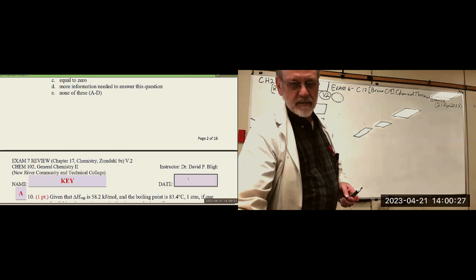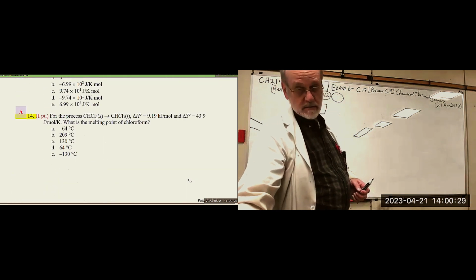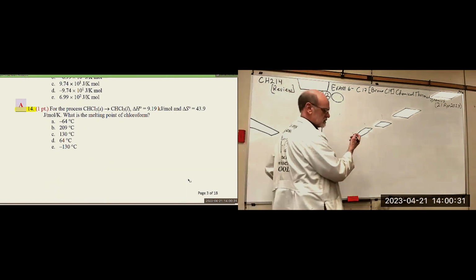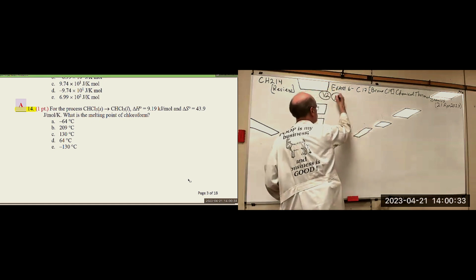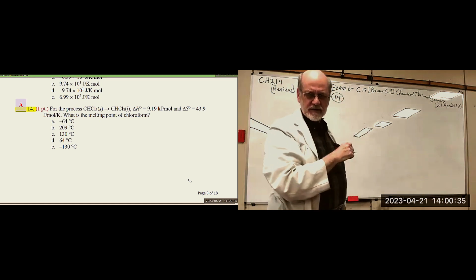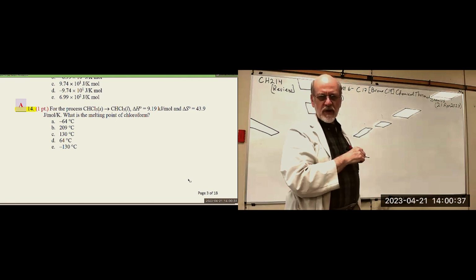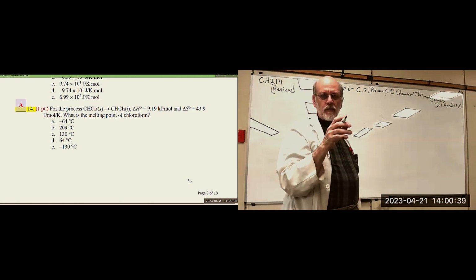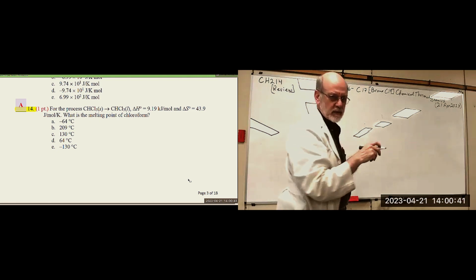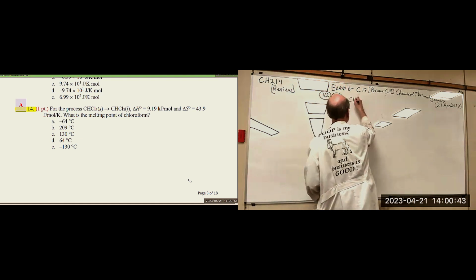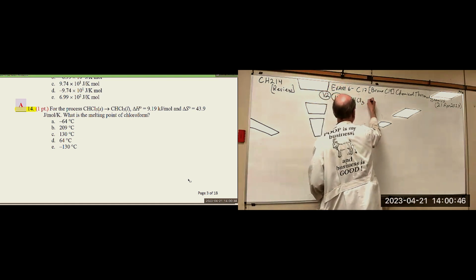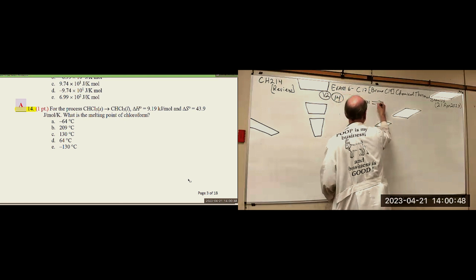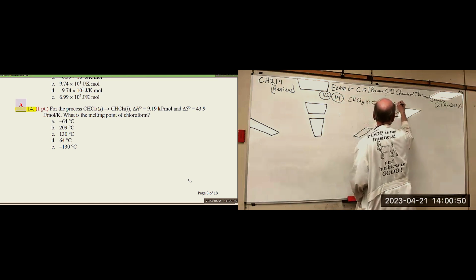All right, how about 14? Check and see if there's any overlap. For the process, chloroform solid yields chloroform liquid, CHCl3.